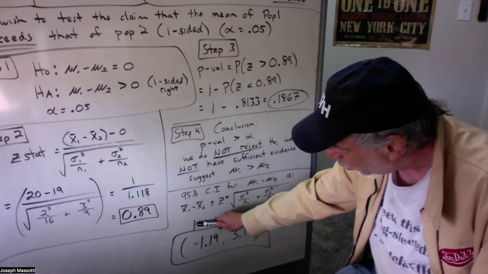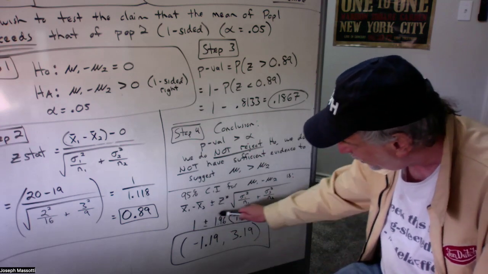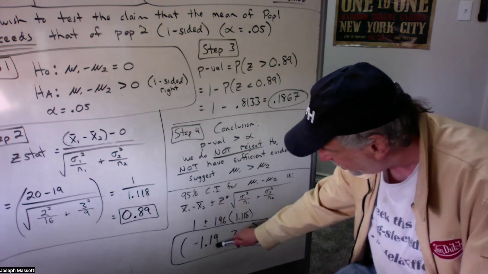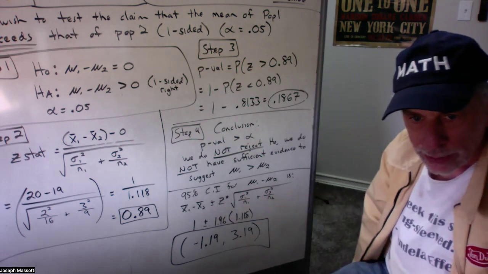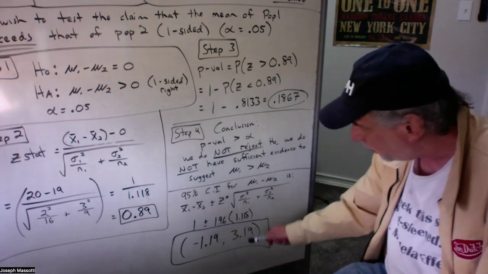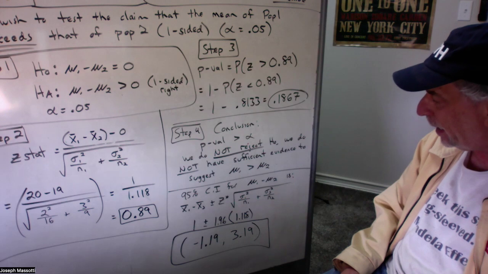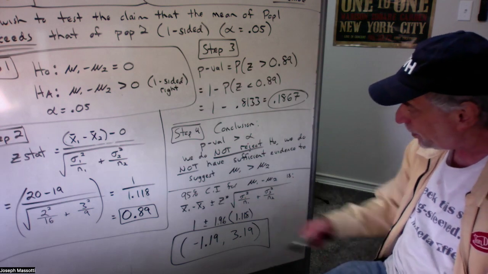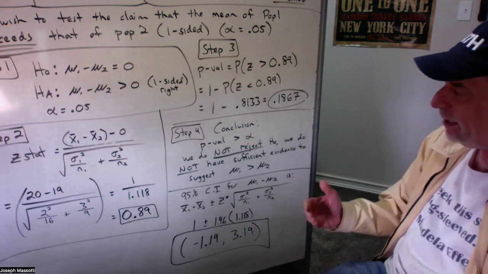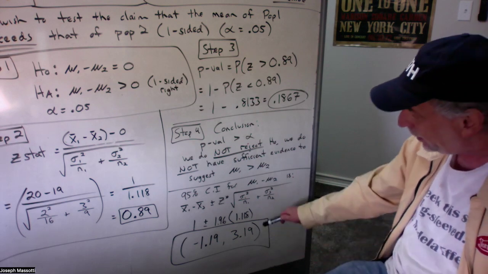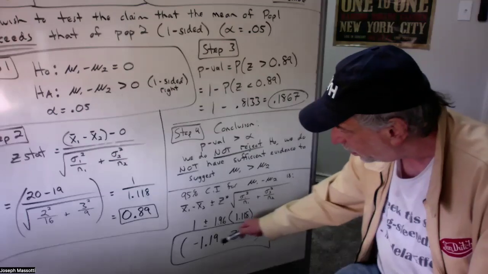So there's our confidence interval. The center is 1. This is the margin of error. So 1 minus the margin of error leaves us with negative 1.19. 1 plus the margin of error leaves us with 3.19. So this is a 95% confidence interval for the difference between the two unknown population means. And notice here 0 is in this interval.